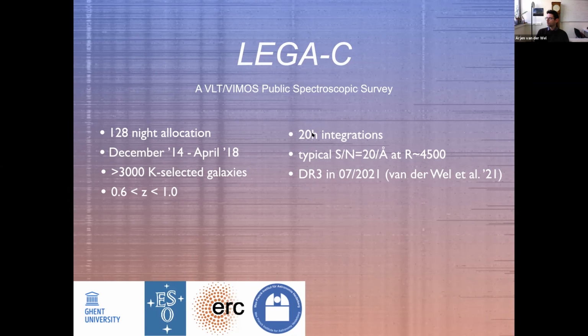So there were about 24 masks with VIMOS with 100-something galaxies each. And each mask was integrated for 20 hours. So then we get high signal-to-noise, at least for high redshift, with high resolution. So we can do the stellar kinematics. And we just finished this summer the third and final data release. So in that sense, the survey is finished, but we're smack in the middle of producing the scientific results.